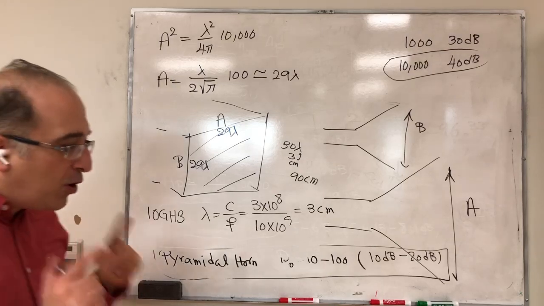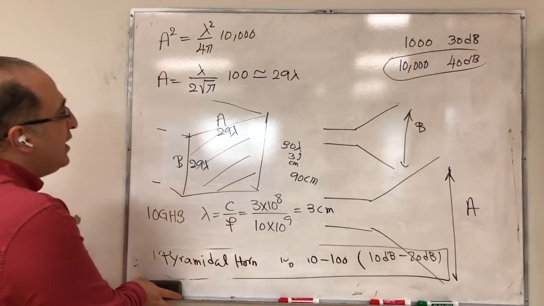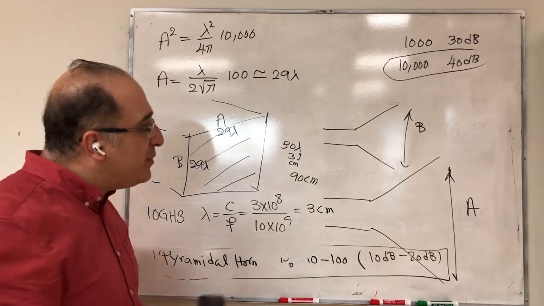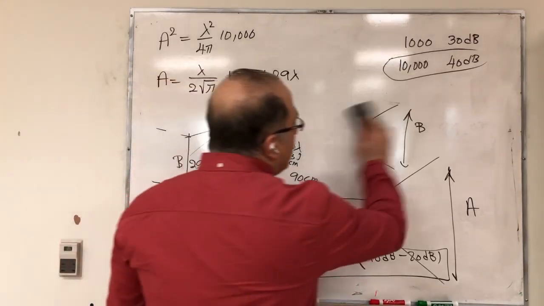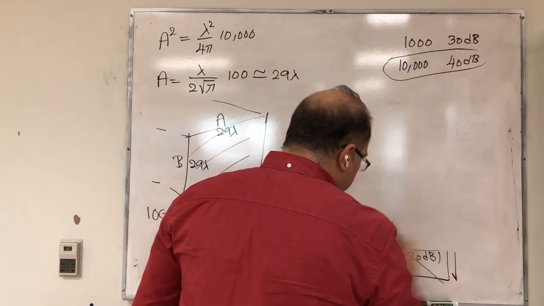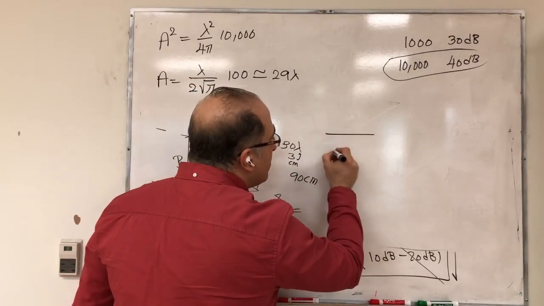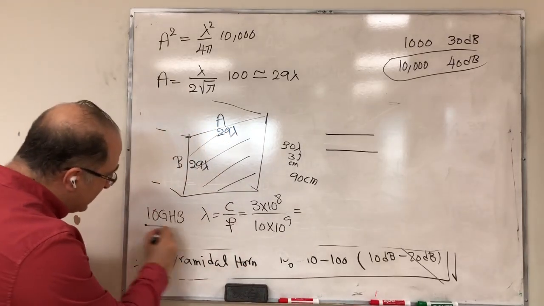Now, let's go and see where the problem starts. The problem is not with the aperture size. The problem is how you're going to make it to the aperture. So if you remember, when we want to get to the aperture, we need to start from a waveguide. For example, here is 10 gigahertz.